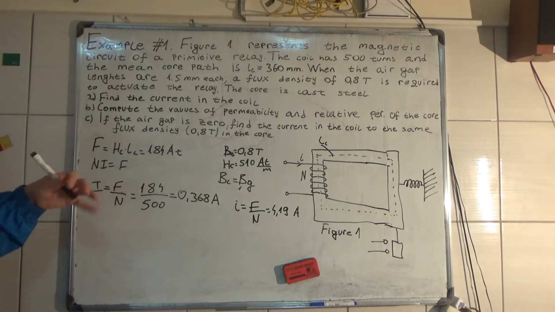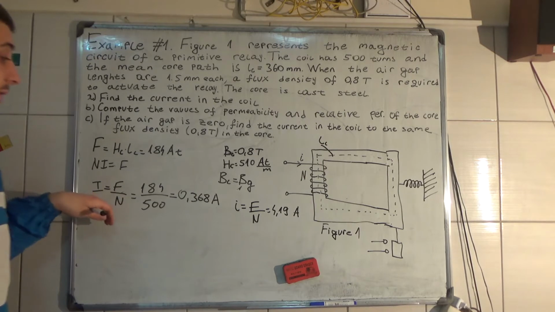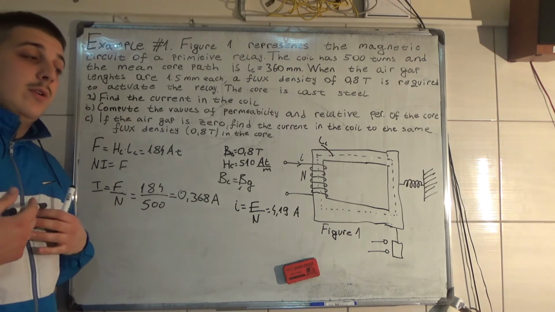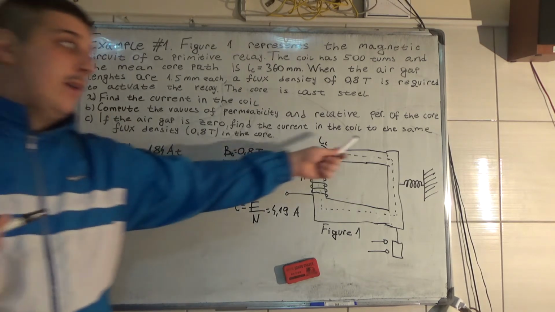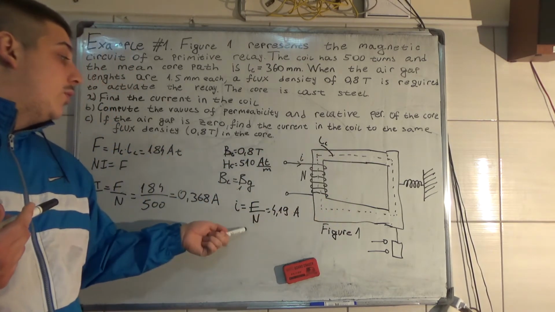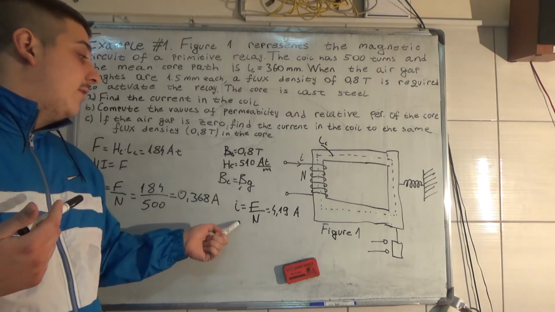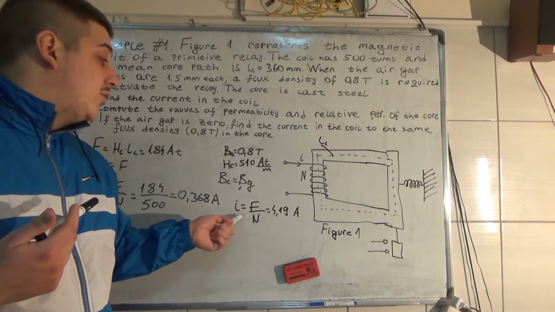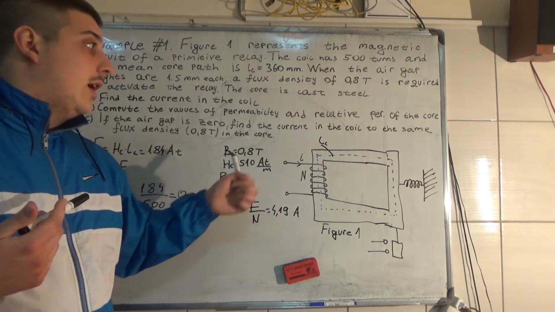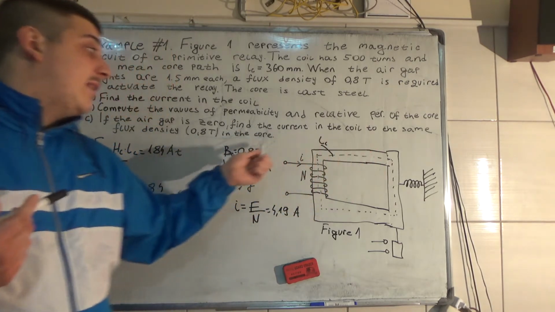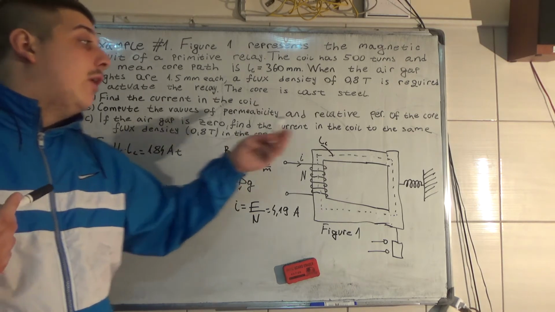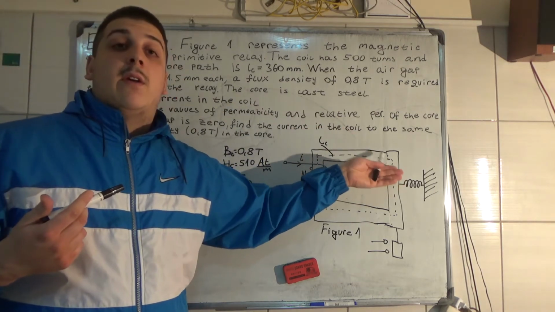Now, fun thing now is that you know how much current you need to give when there is no air gap, and now you know how much you have to invest for the same magnetic flux density with the air gap.